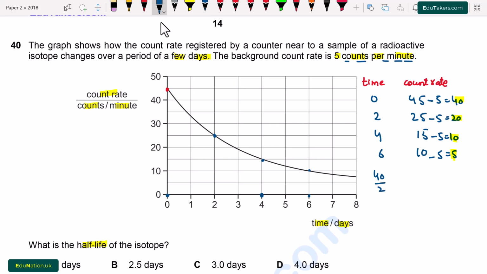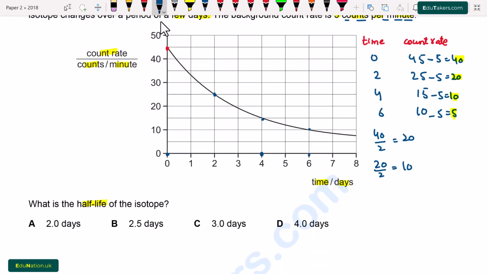When the first half-life passes, here will be 20. When the second half-life passes, here will be 10. Again, when the next half-life passes, the count rate is 5. So this interval is basically equal to the half-life. Half-life will be equal to 2 days because in 2 days, the count rate reduces to half. So the half-life will be equal to 2 days. From here, option A is correct.